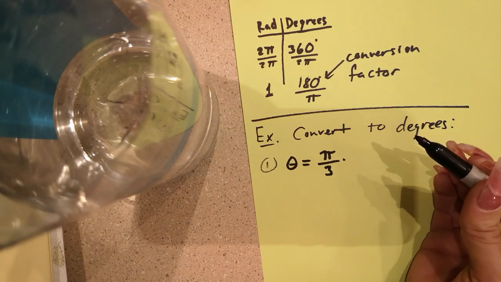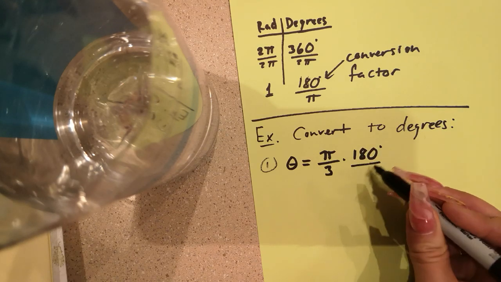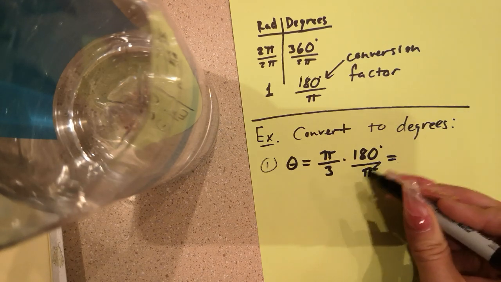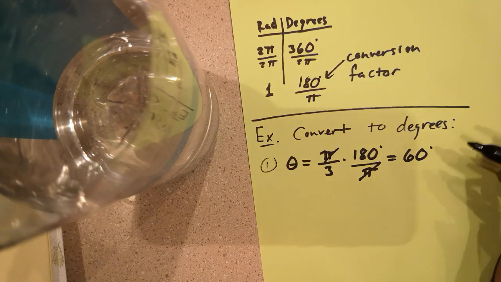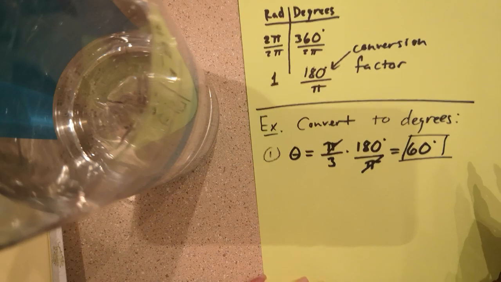So I know I can convert this by multiplying by my conversion factor, 180 over pi degrees. That means that pi thirds corresponds to 60 degrees.